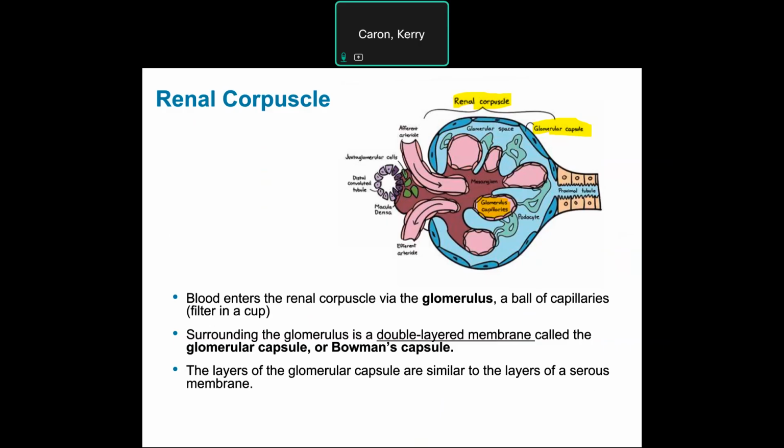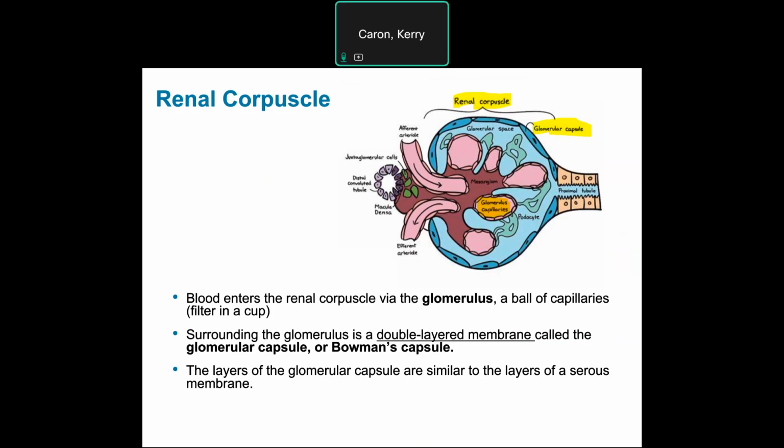So the renal corpuscle receives the blood from the glomerulus, and it enters a ball of capillaries. Surrounding that glomerulus is a double-layered membrane known as the glomerular capsule or Bowman's capsule.